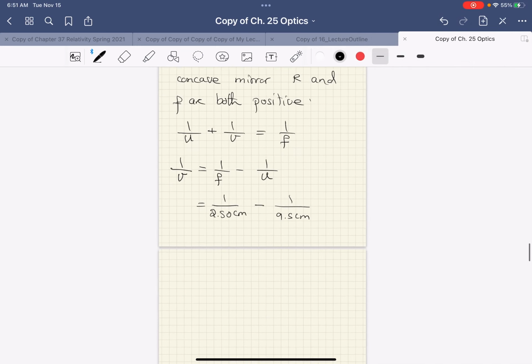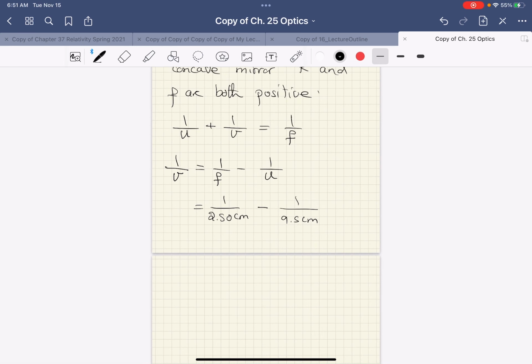Now let me show you how we're going to use the math here. 1 over 2.5 is 0.4, and 1 over 9.5 is 0.105.